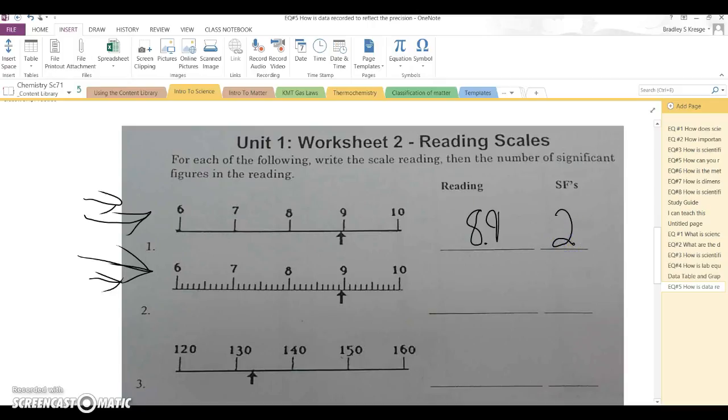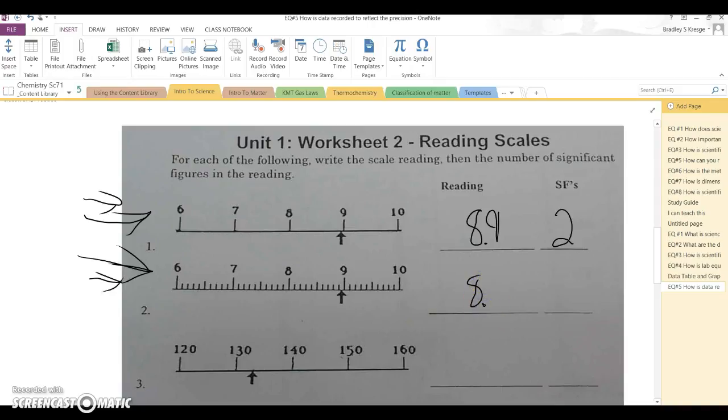If I look at the scale for number 2, again, it's the exact same measurement, but my instrument is different. So I want to record data that reflects the precision of my instrument. I'm going to go through the same exact process as I said before. I'm going to write down all the digits that I know for sure. So I know the 1's position, 8, and point.